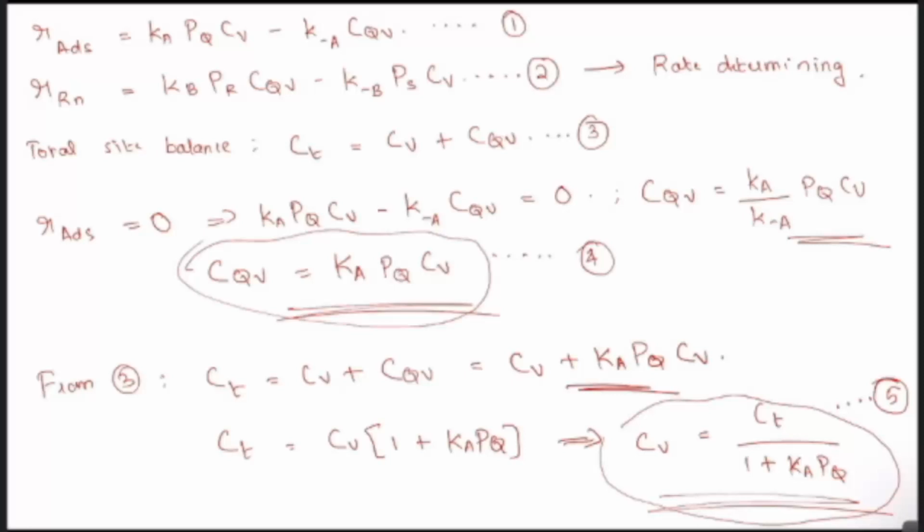Now, we will substitute these values for CQV and CV in our rate determining step, which is our reaction rate. So our reaction will be the rate determining step. That will be R overall, and that will be equal to Kb PR CQV minus K minus b PS CV.